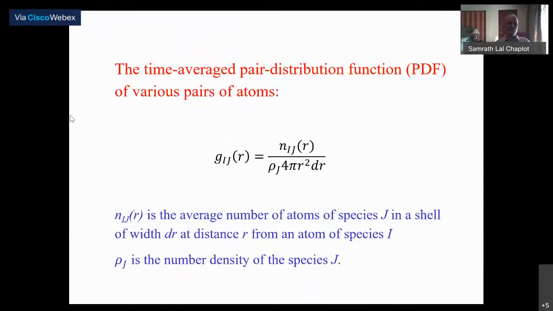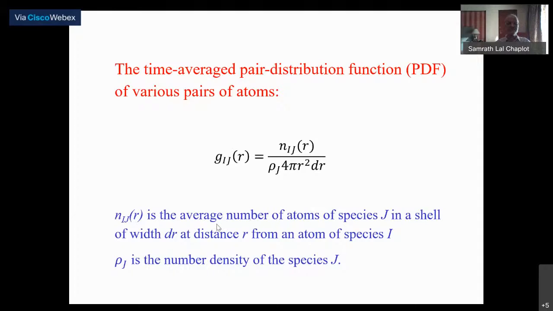Okay. Another quantity that we can easily calculate is the standard time averaged pair distribution function. So this is just, let's say, how many atoms are at a given distance r, or the distribution of the distance between pairs of particles.